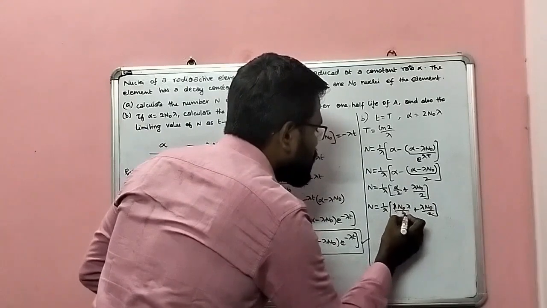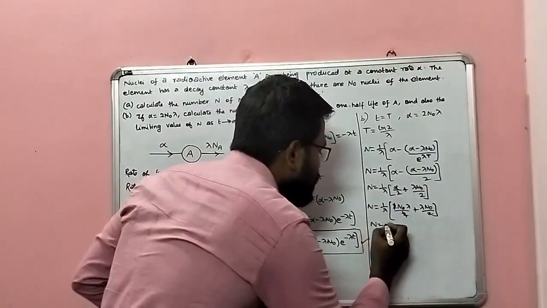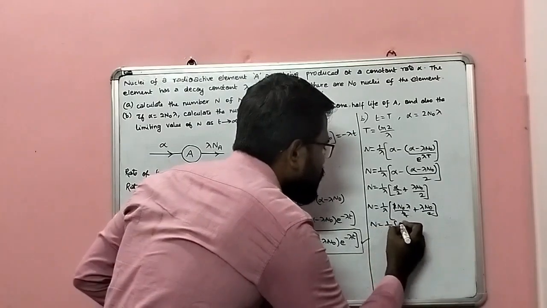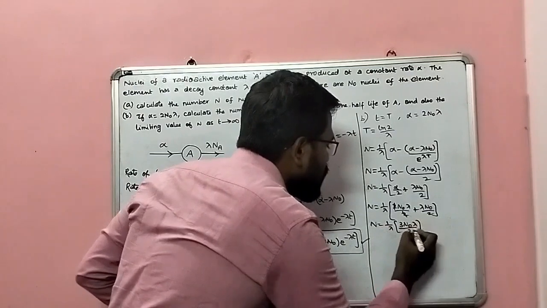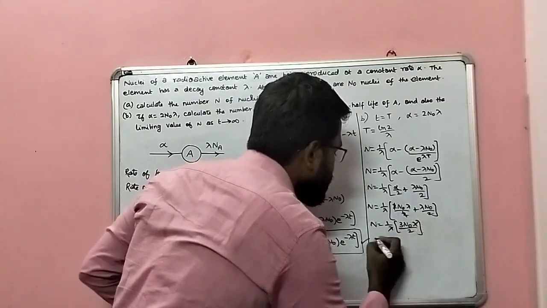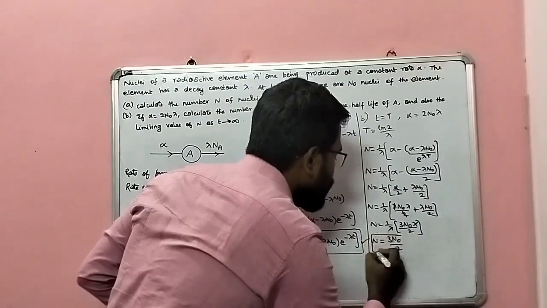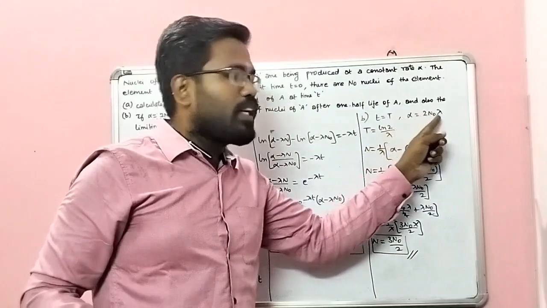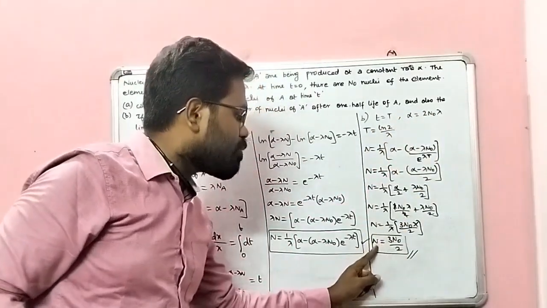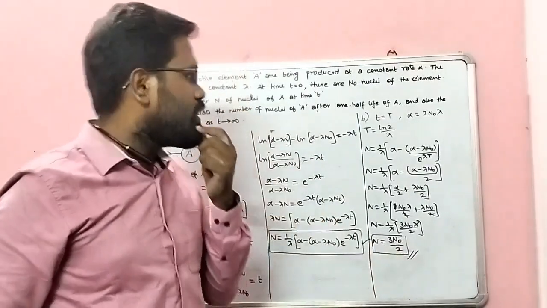We can directly do the addition: 1 by lambda times 3 n0 lambda by 2. Then lambda cancels, and n is equal to 3 n0 by 2. So at one half-life, if alpha is given as this value, the number of radioactive nuclei A is found to be 3 n0 by 2.